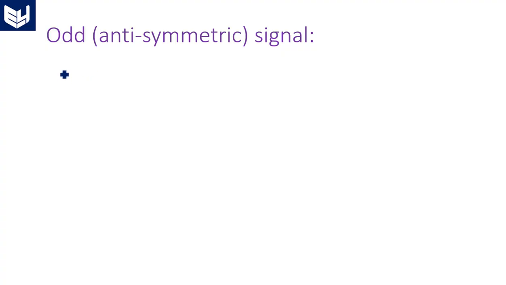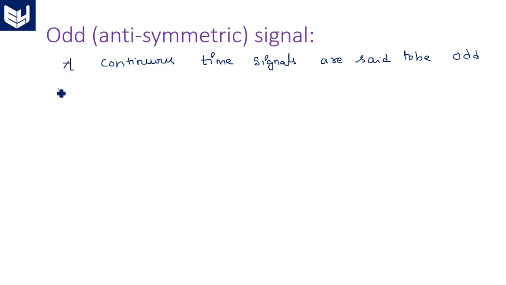A continuous time signal is said to be odd if it satisfies the condition x of minus t must be equal to minus x of t.